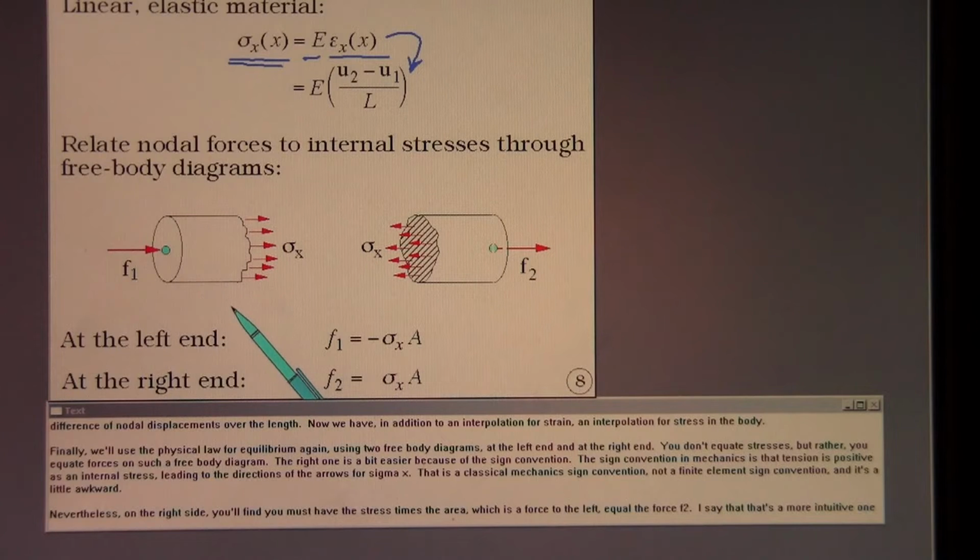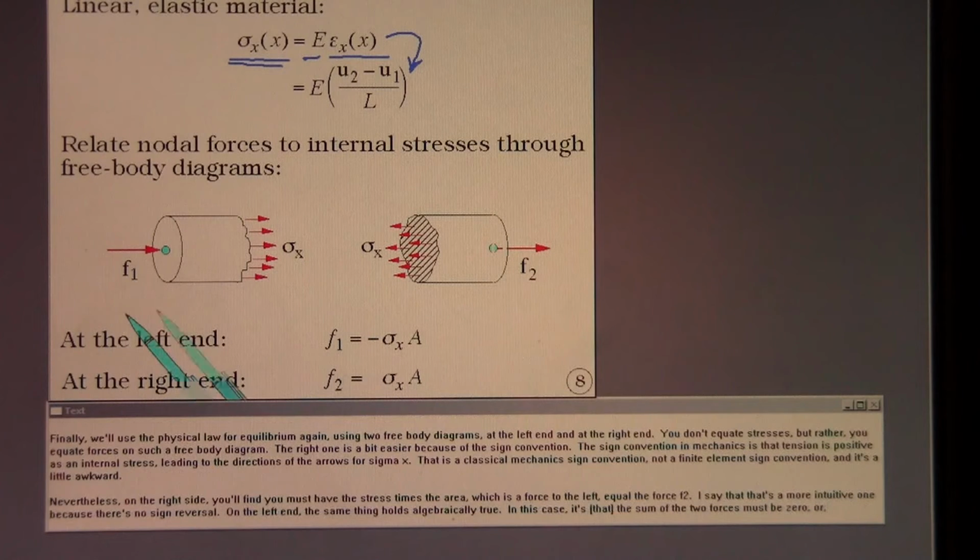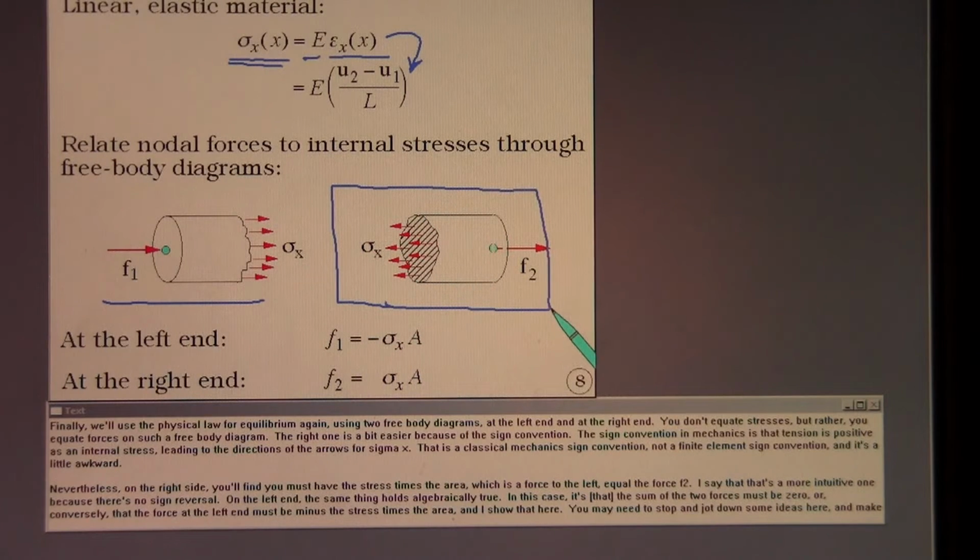Finally, we'll use the physical law for equilibrium again, using two free body diagrams at the left end and at the right end. Now you don't equate stresses, but rather you equate forces on such a free body diagram. The right one is a bit easier because of the sign convention. The sign convention in mechanics is that tension is positive as an internal stress, leading to the directions of the arrows for sigma x.